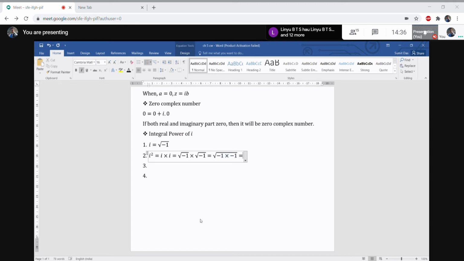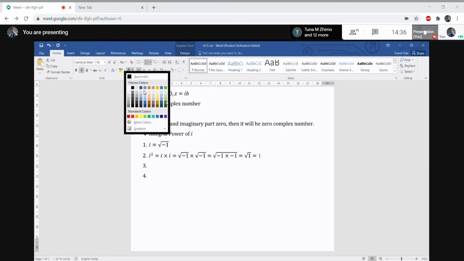That is... square root of -1 into -1 is +1. So square root of 1 means 1. So the value of i square is 1.